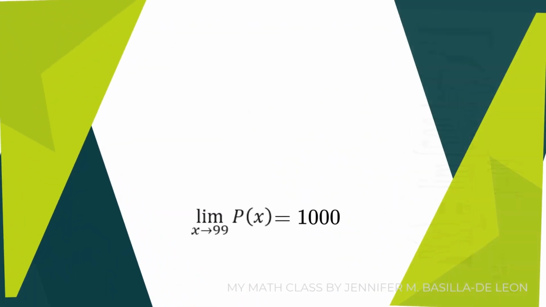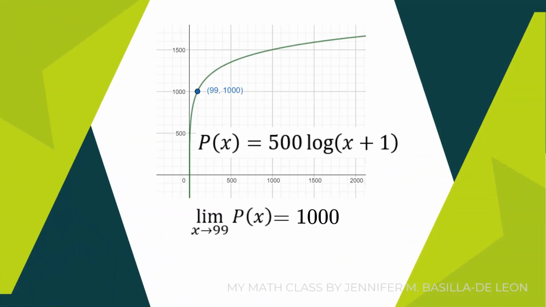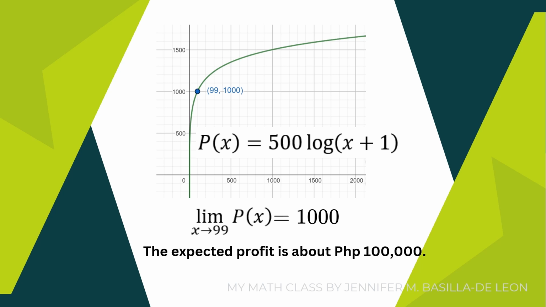Let's verify our answer by analyzing the graph of P of x. In the graph, as x approaches 99, P of x gets closer to 1,000. Thus, the expected profit for producing about 99 widgets is 100,000 pesos.